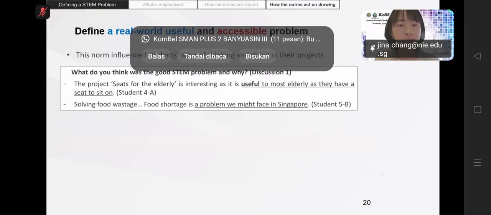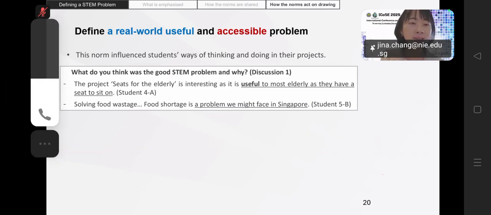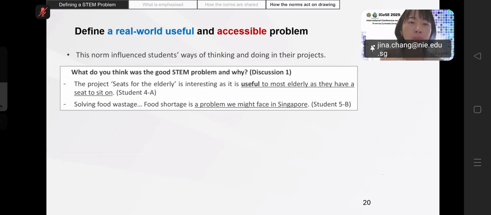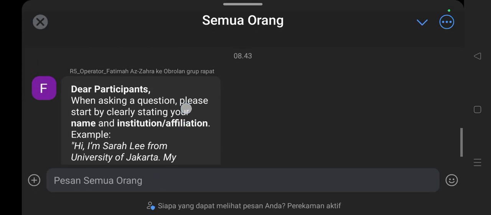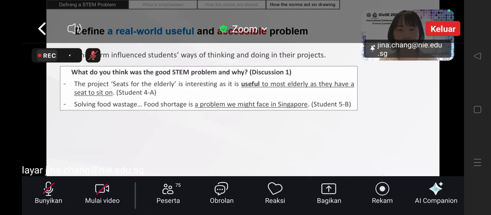So the discussion was a part of the peer feedback, and in this classroom discussion, the students explained that a good STEM problem should be very useful to the target user. In this case, the elderly, the older people are their target user, and the issue they might face in their country.